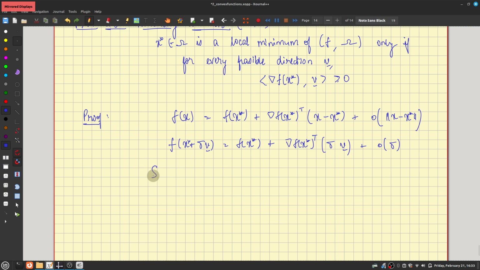So suppose that the gradient of f at x star, essentially the directional derivative, is strictly less than 0. Let's say that this is equal to some minus epsilon, for some epsilon greater than 0.